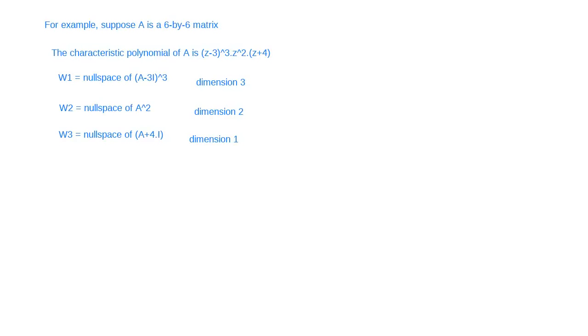W1 might have a Jordan basis of the form, let's say V, and then A minus 3I times V, and then a different vector, let's call it W. Okay, and W2 has a Jordan basis of the form, I'll use U, so it'll be U, AU.